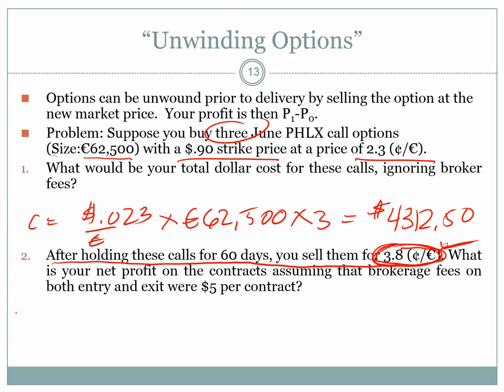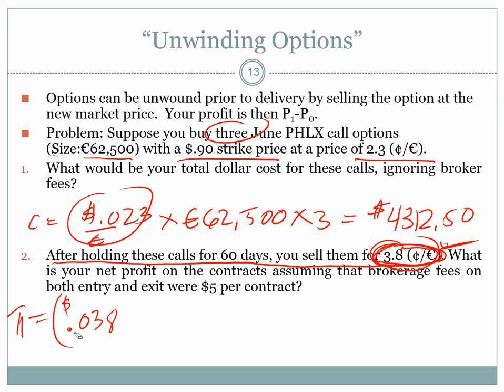So let's figure out what your profit is. In this case, my profit from unwinding a call or a put is, if I buy it at 2.3 cents and sell it at 3.8 cents, I'm just going to make the difference. Whoops, that shouldn't say per euro. That's just the price of the contract.